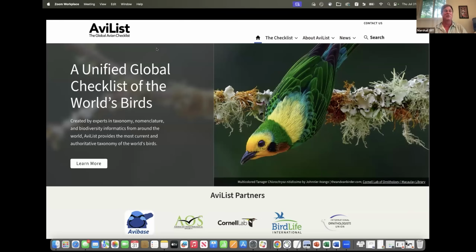The initial approach was to actually try this with waterfowl and say, okay, how would we actually do this? So we took all the world's waterfowl, looked at all the places where the checklists differed, and did a pilot study where we said, okay, let's try to resolve the waterfowl. That was really informative for us for how this process might work.